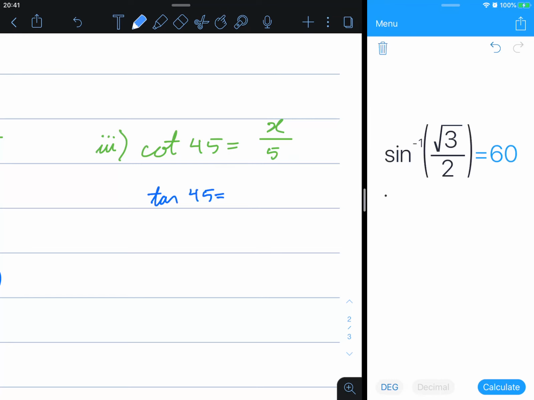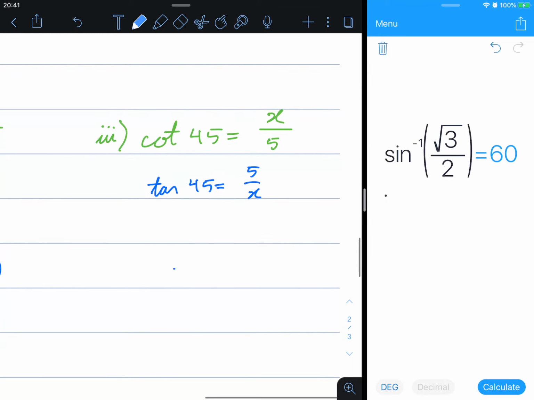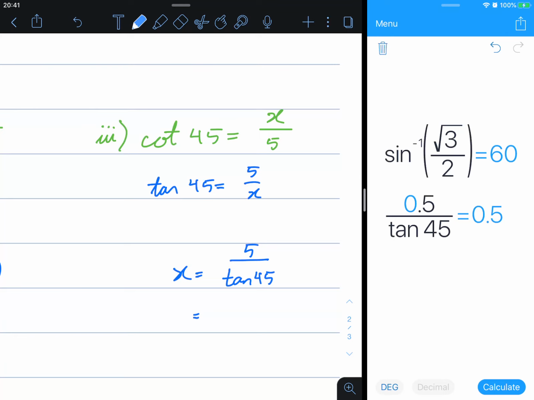So this is going to be 5 on x, which means x equals 5 on tan 45. So 5 on tan 45 is equal to 5.